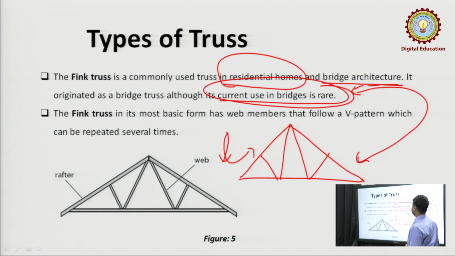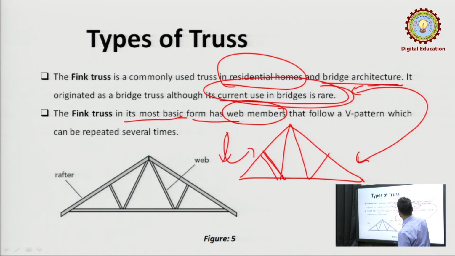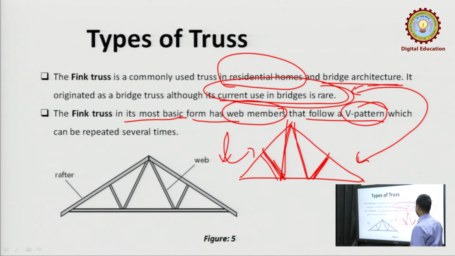Okay, the Fink truss in its most basic form has web members that follow a V pattern. This is also called a Fink truss. You can see here the V shape inside a triangle, or a V shape inside a truss.